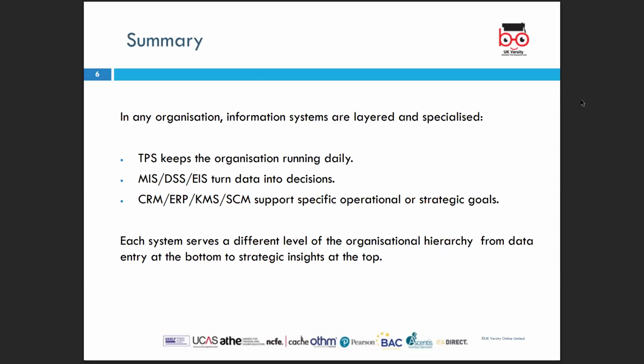So we know transaction processing systems keep the organization running daily, while our MIS, DSS and EIS turn data into our decisions, and with CRM, ERP, KMS, and SCM, these are now going to support specific operational or strategic goals.